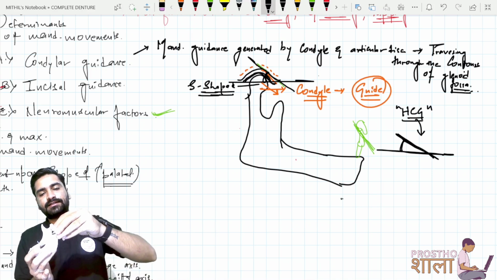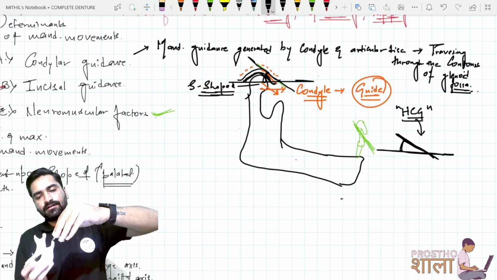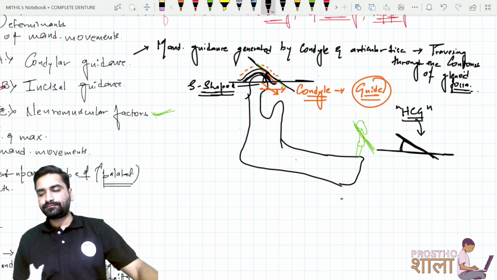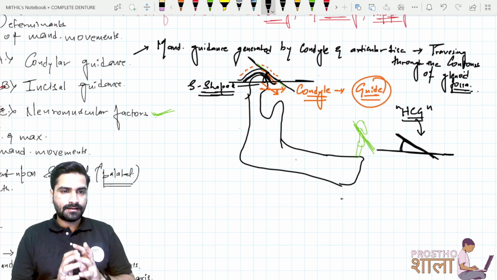So suppose if I place it like this, it has a specific angle, so mandible has to travel with this angle downward and forward. Okay, so this is in simple terms what we call condylar guidance.